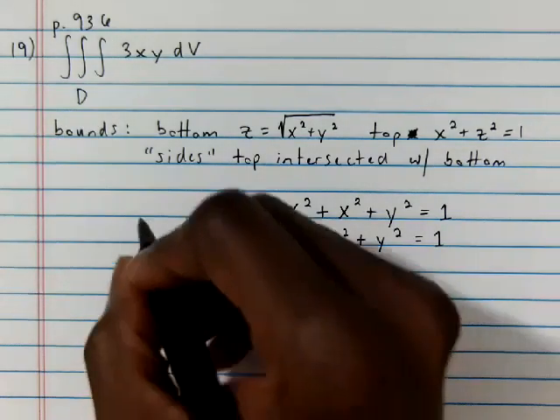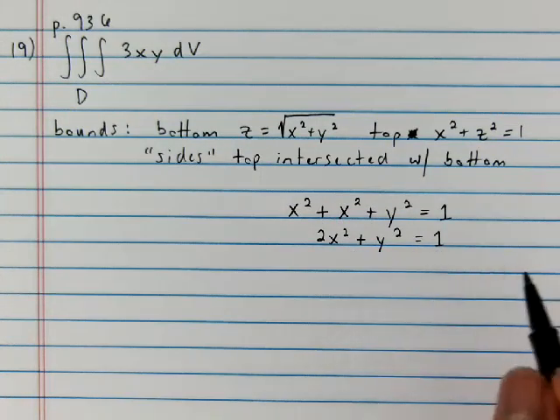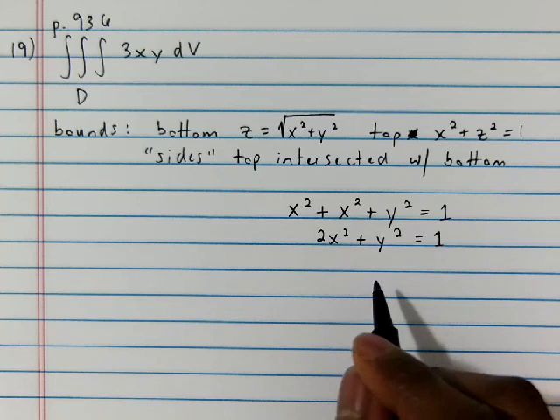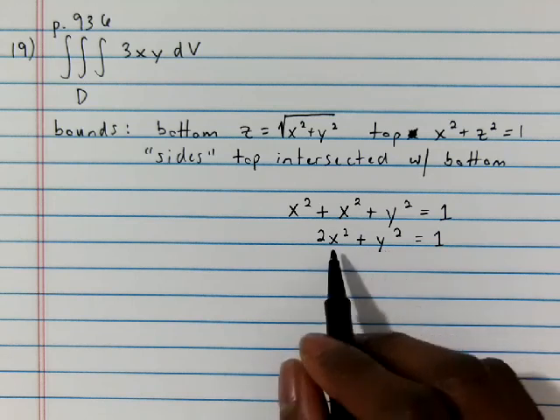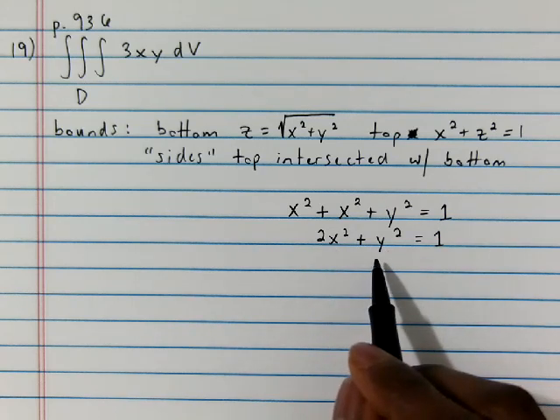So what do we have here? This is going to give us an ellipse. You can go through a couple of different ways to figure out what the ellipse is going to look like. Just substitute in y equals 0, see what you get for x. Substitute x equals 0, see what you get for y.